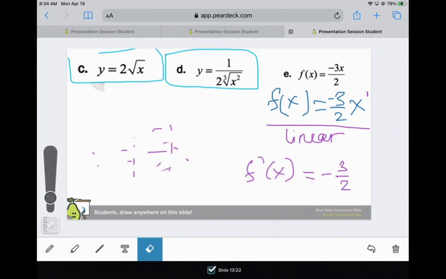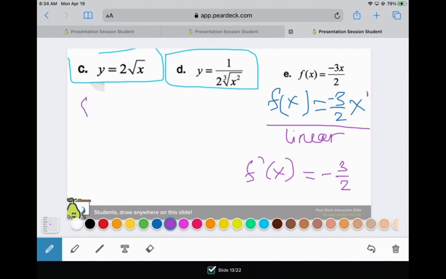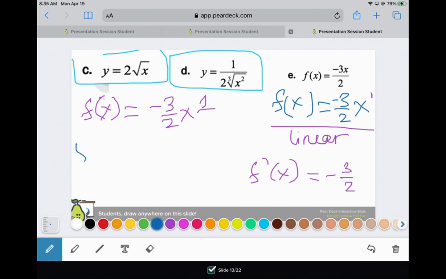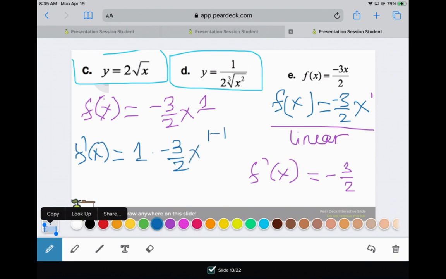I can show you the one thing that I would do if I don't remember, okay? f of x is negative 3/2 x. This is a power of 1, right? This is what I would do. If I'm taking the derivative, I take that power of 1 and bring it over. 1 minus 1.